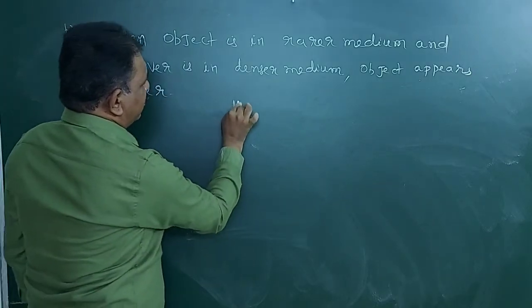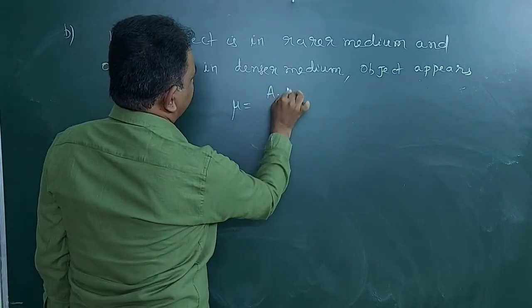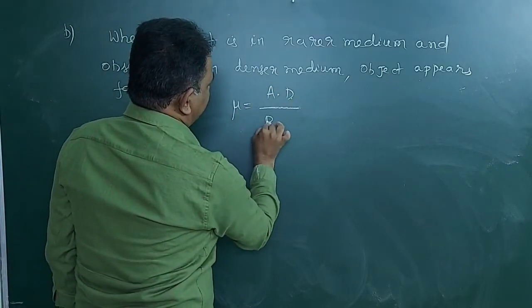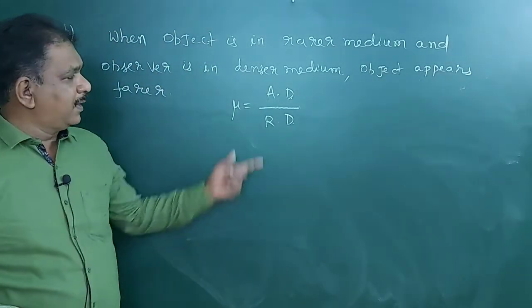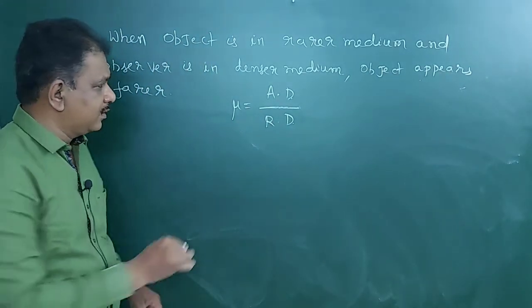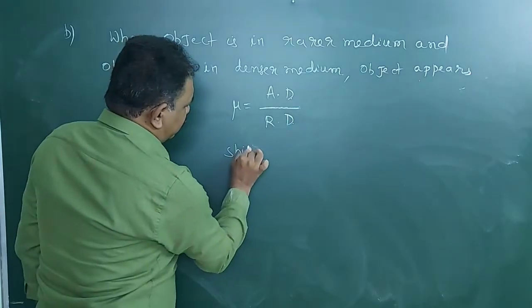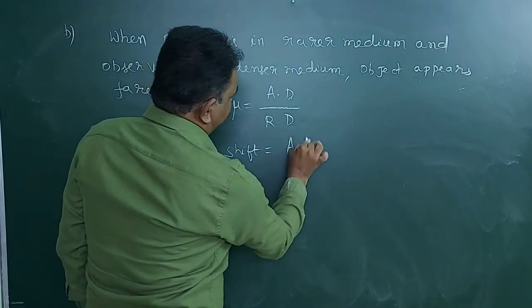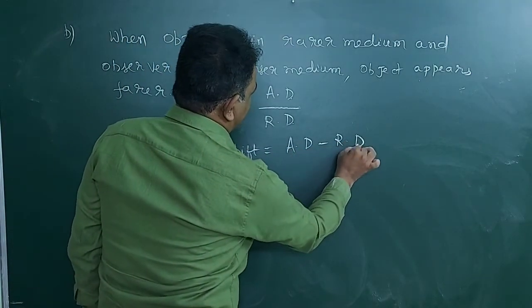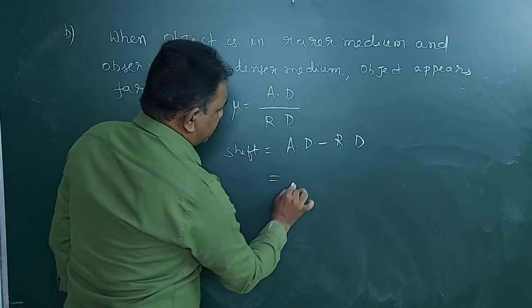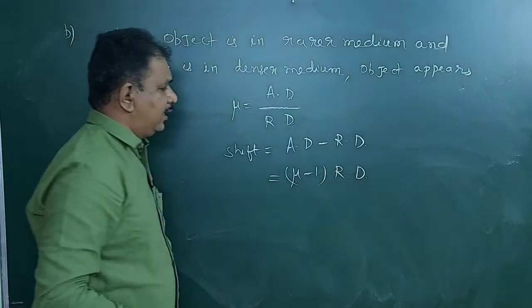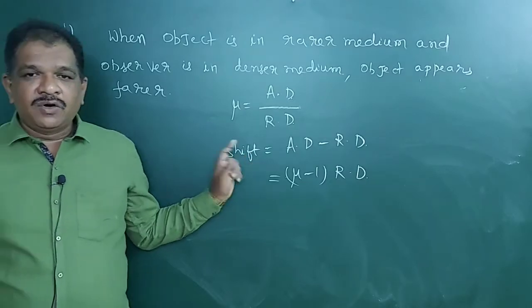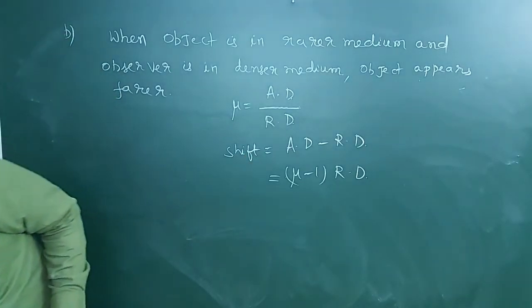At that time mu is equal to apparent distance by real distance. Shift is equal to apparent distance minus real distance. So this will be mu minus 1 into real distance. These formulas we will use in that case.